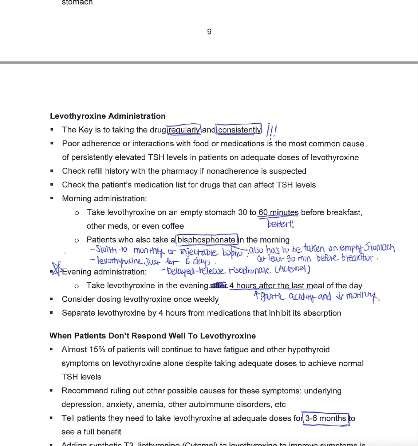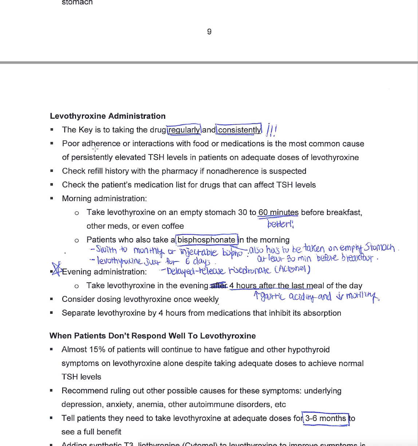You're going to learn this in warfarin dosing later, but there are going to be drug and food interactions, but if you're being consistent with how you take it, with regards to other drugs you're taking or food intake, we can adjust the dose around your routine. However, if the patients keep changing when they take it, or when they take other drugs that may interact with levothyroxine, that's when it becomes a problem.